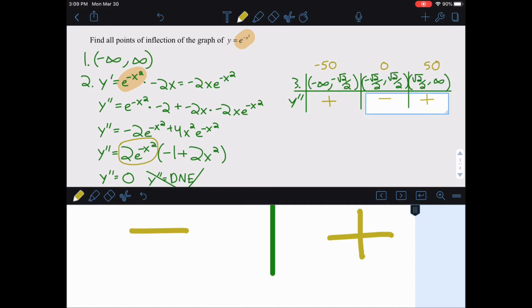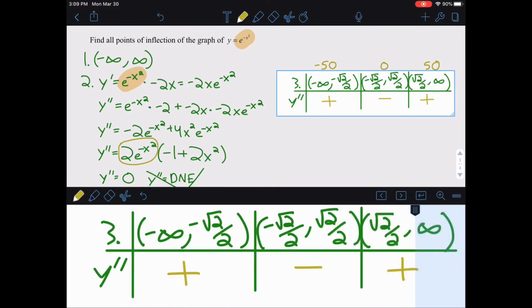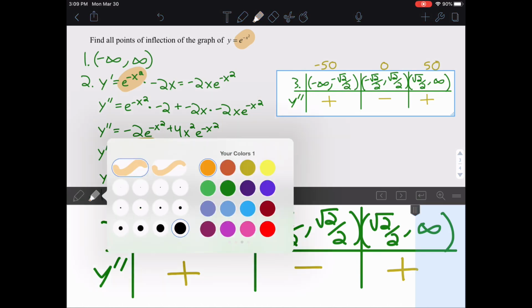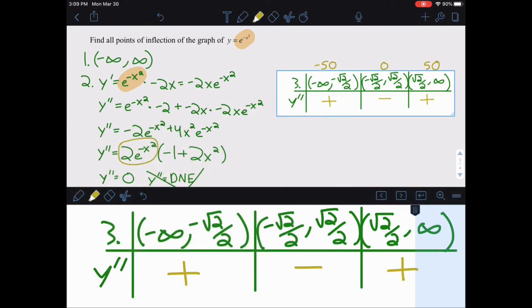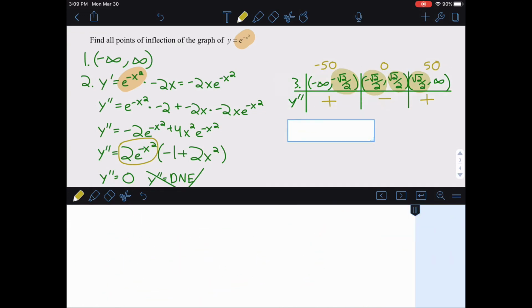Okay, so what is my concavity test showing me? It shows me that this function y starts off concave up. At negative root 2 over 2, it switches to concave down, and then at positive root 2 over 2, it switches back to concave up. So there are 2 places where the concavity changes.